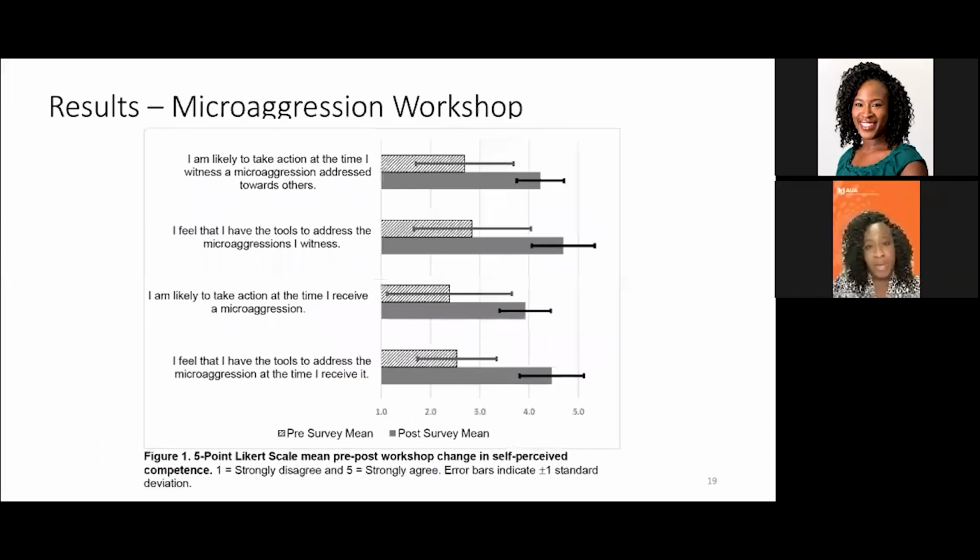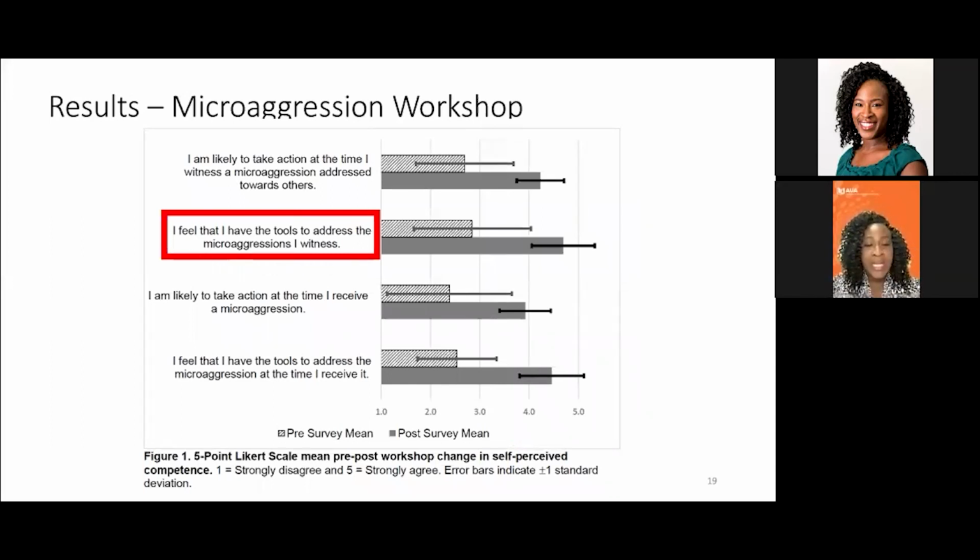For the microaggression workshop, we did a similar paired t-test analysis over mean agreements, and we saw that there was an increase in statements such as that they were likely to take action at the time that they witnessed a microaggression addressed towards others. The other piece I think that's really impactful is that they felt that they had the tools to address microaggressions that they witnessed.